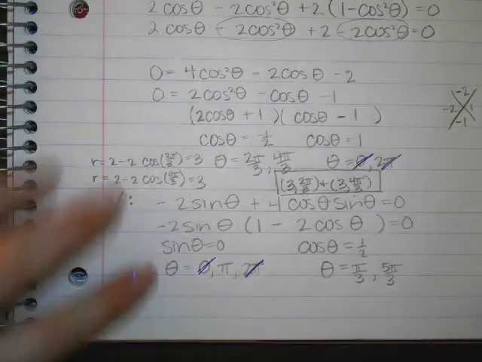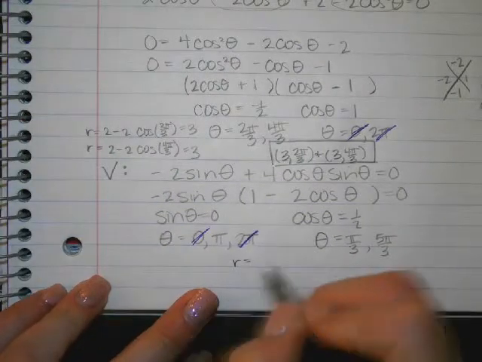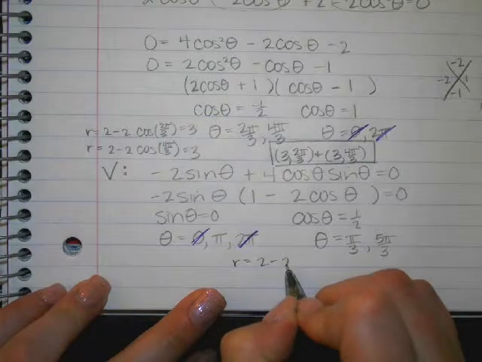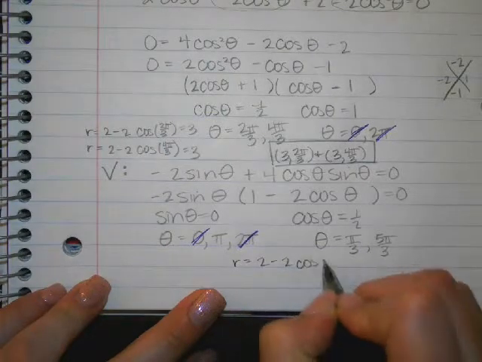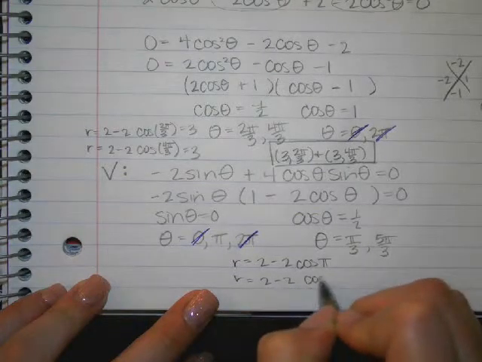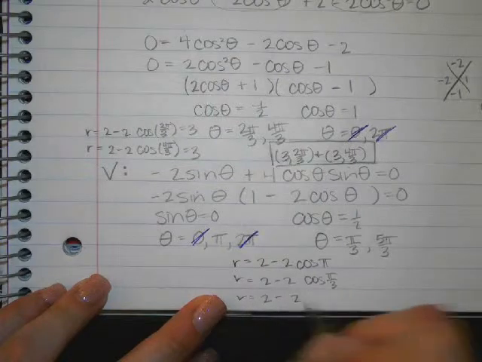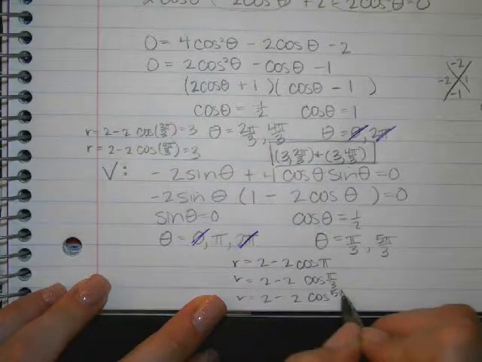And then for the vertical tangents, we're going to have to do 3 different points. So we're going to have r equals 2 minus 2 cos pi, r equals 2 minus 2 cos pi thirds, r equals 2 minus 2 cos 5 pi thirds.